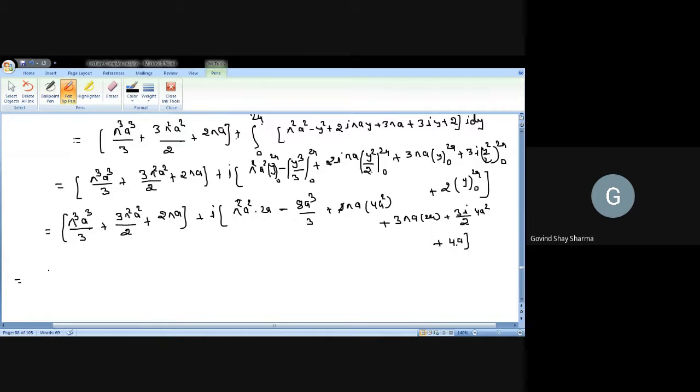Now we simplify the terms. We have to solve this by multiplying i inside, so we can segregate the real and imaginary terms. π³a³/3 + 3π²a²/2 + 2πa.